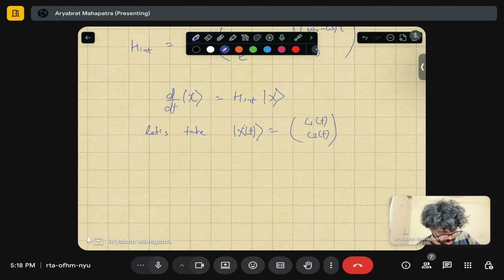Then there will be i h bar d dt of c1 of t, c2 of t. This is a bit long, but the way to do it is something like this.